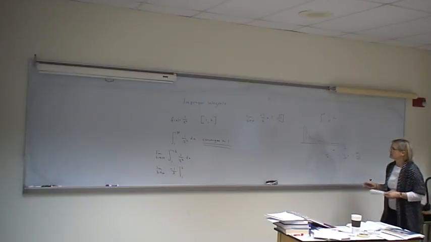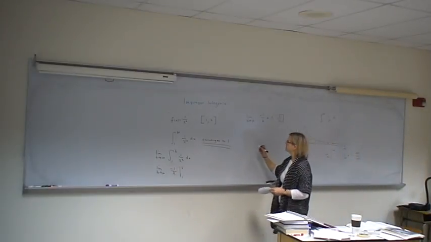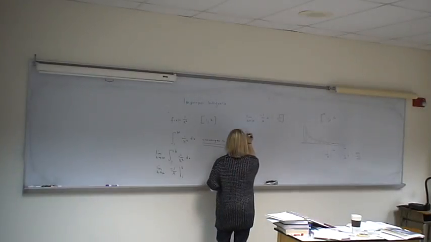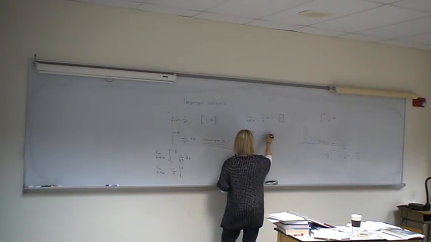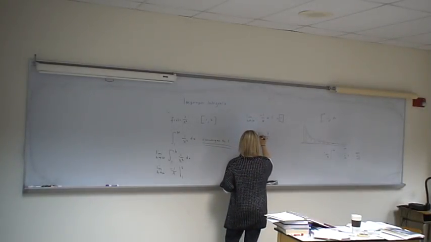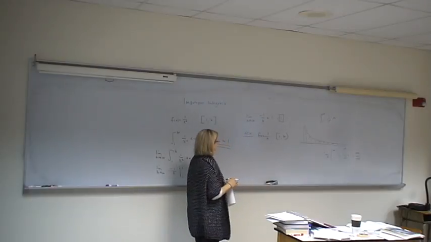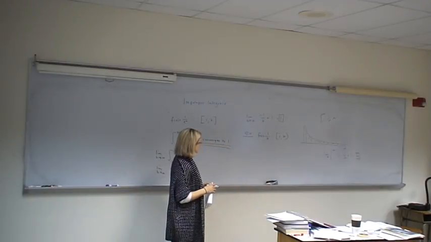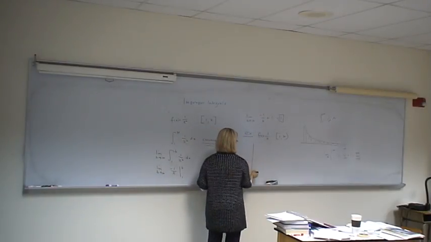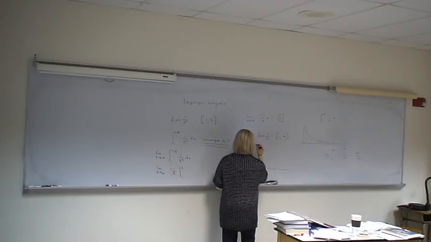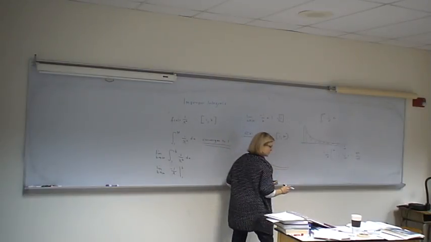Now, we're going to look at another example of a very similar curve: 1 over x on 1 to infinity. So 1 over x has a similar picture, correct? Right?